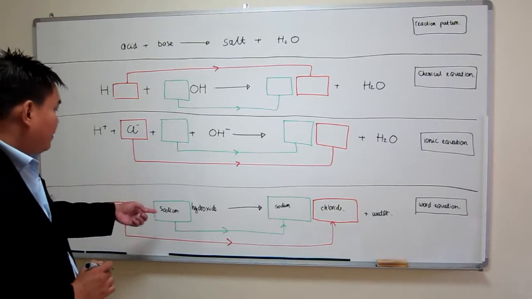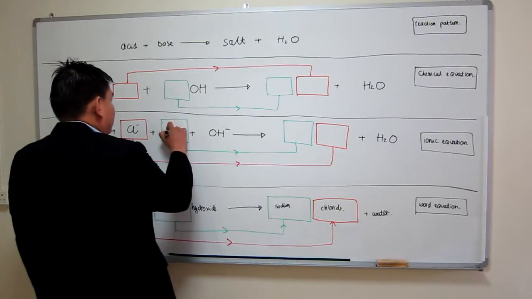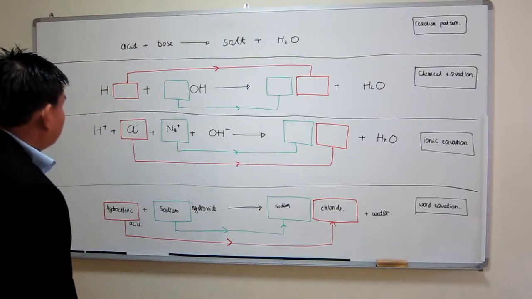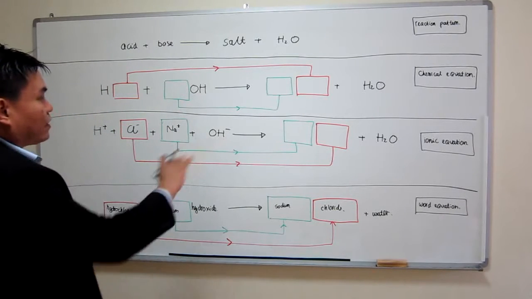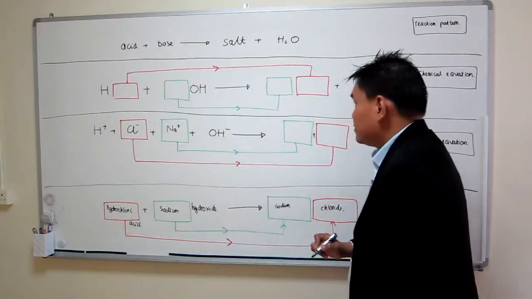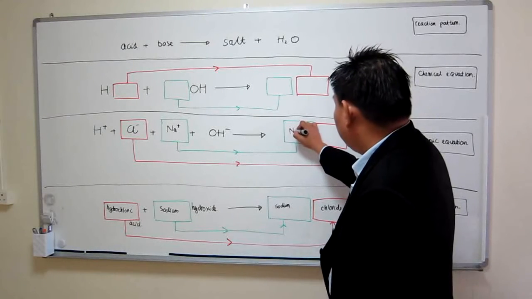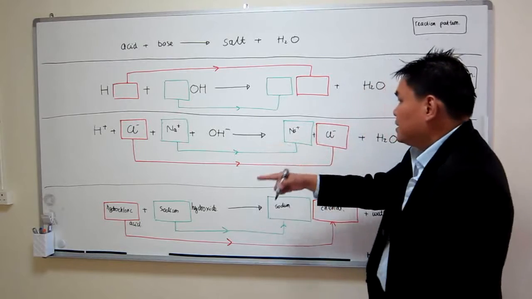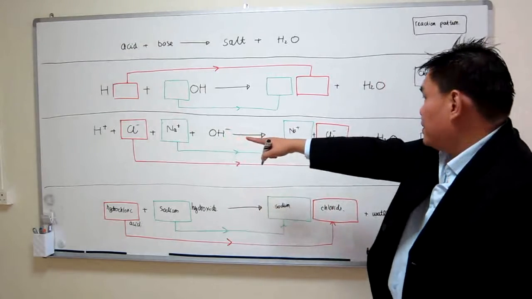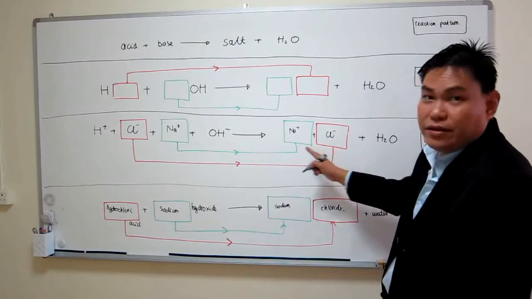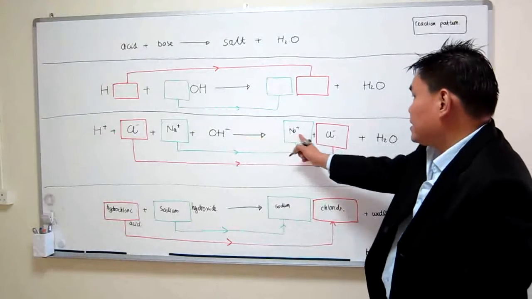In this case, the cation will be Na+. So the product that you're going to produce is Na+ and Cl-. So we just can copy the red box here, right? You're going to produce Na+ and Cl-.